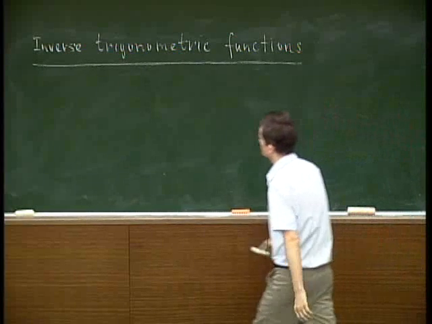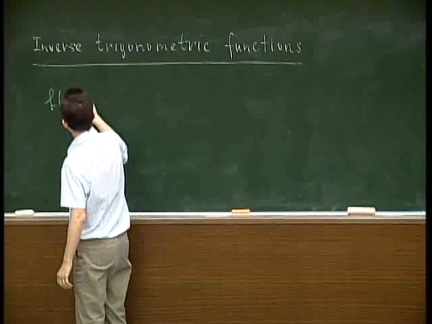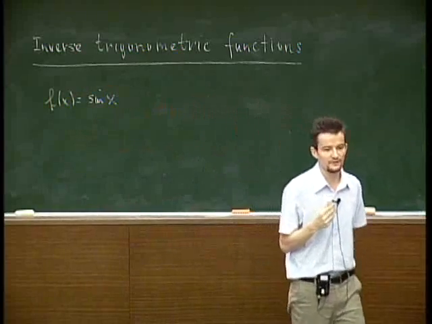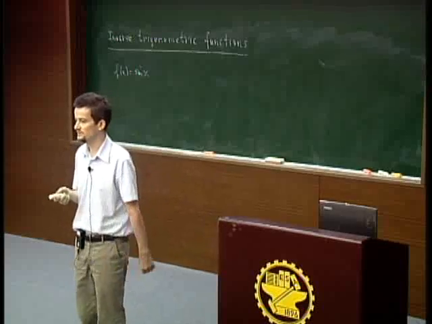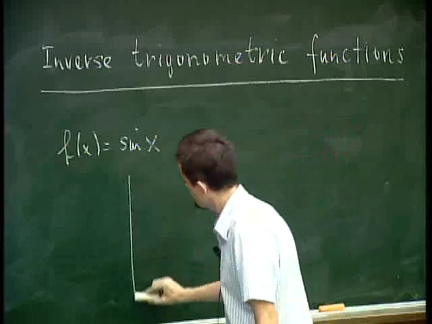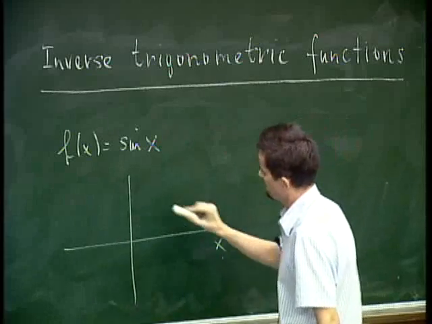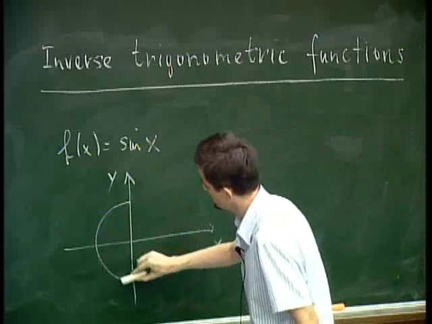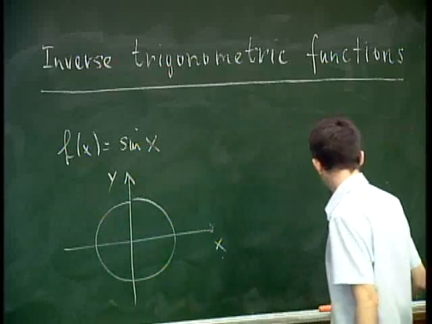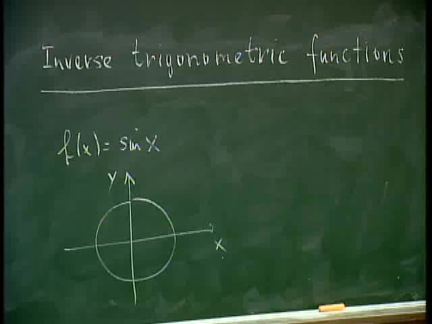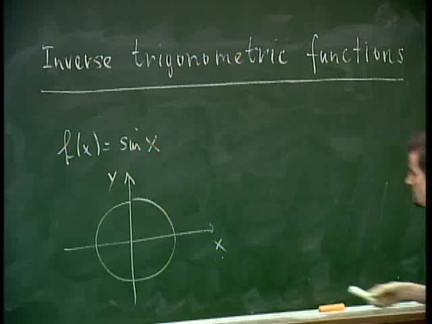For instance, for the function f of x is equal to sine of x, we will use the primitive definition you have learned in high school, the easy definition. So how have you defined this function in high school? The usual definition, the simple definition, is that you look at the unit circle, you measure x in so-called radian measure. So if you have angles, you have different measures. One possible measure is the radian measure. So you measure x in radian measure.